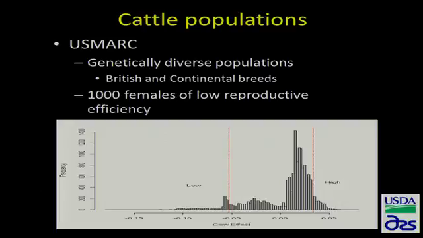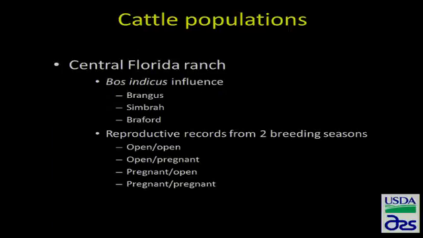Just to give you a brief introduction to the populations that we evaluated, the first one was the MARC population, which I showed in the previous slide. We have a very genetically diverse population, which many of you know. We have both British and continental breeds. And again, we took 1,000 low and 1,000 highly reproductive animals to evaluate. We then had access to a population in Central Florida, and the high point of this population was they have Brahman influence.